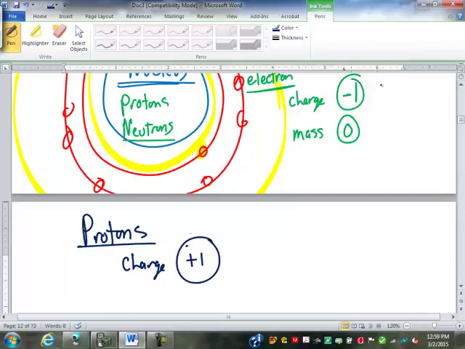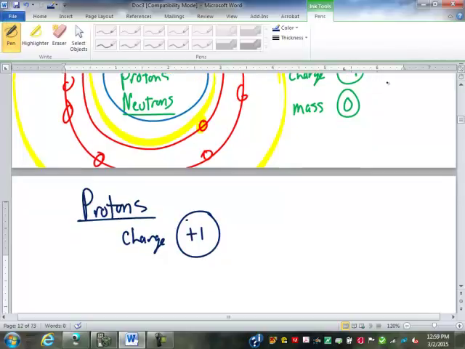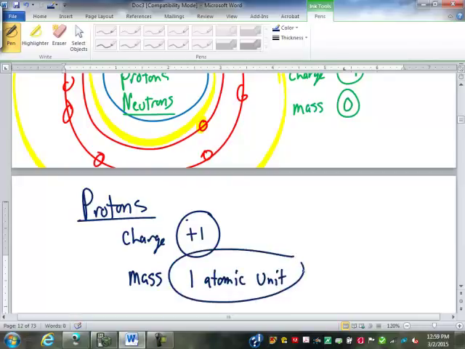Obviously, you have something that's negative, you have to have something that's positive, so things can be neutral. Again, that's a +1 electron volt. Has a mass defined to be 1 atomic unit. We know it's exactly 1 atomic unit because an atomic unit is defined to be the mass of a proton. So pretty simple.